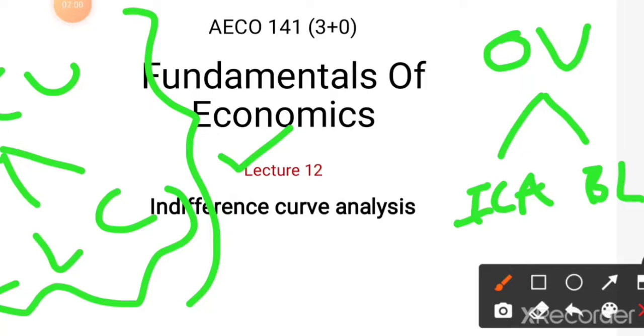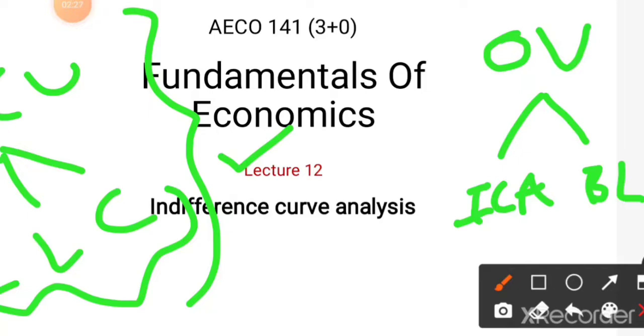We give orders of highest and lowest, but in cardinal utility we measure, like, I got 6 utils of satisfaction. That is the main difference. Because of this difference, ordinal utility is the more practical approach, and it is more important than cardinal utility because here we are talking practically.